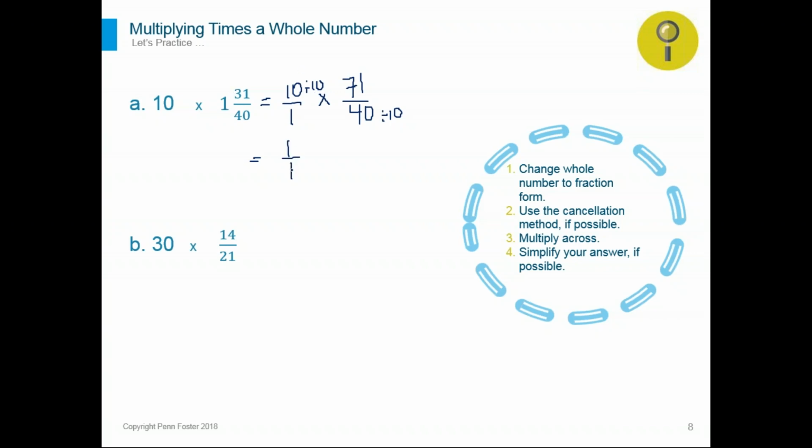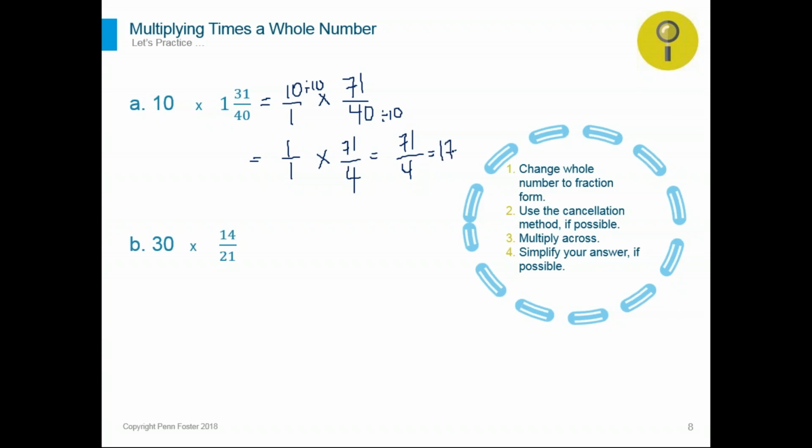You have a 1 again on the denominator times 71 over 4. Nothing common between these four numbers. So I'm going to go ahead and multiply across. 1 times 71 is 71. 1 times 4 is a 4. This is not in simplest form. How many times does 4 go into 71? If you're not sure, use a calculator. 71 divided by 4 will give you 17 and some decimals.